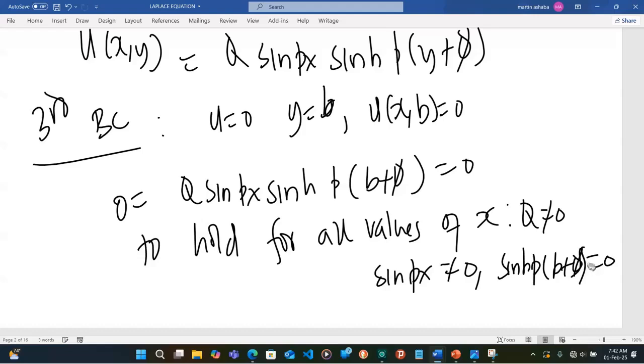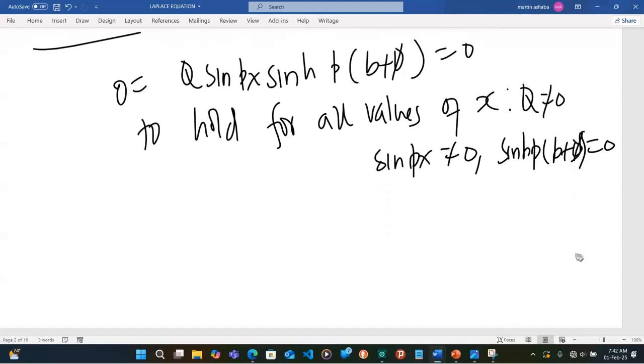So if this is to happen, then we know that if a sine of anything is going to be 0, then that angle itself can be 0. So meaning b plus phi is equal to 0, giving us the fact that phi is going to be negative b.